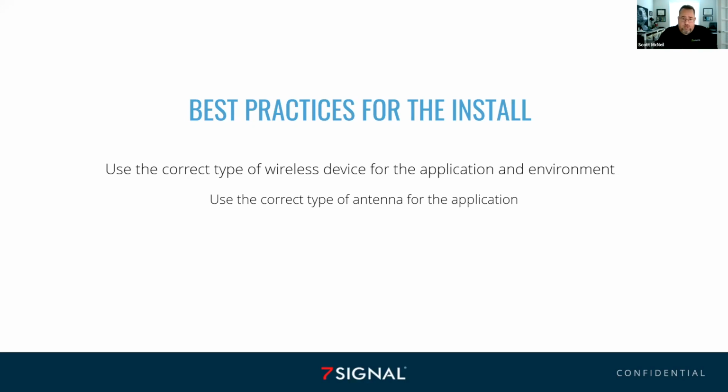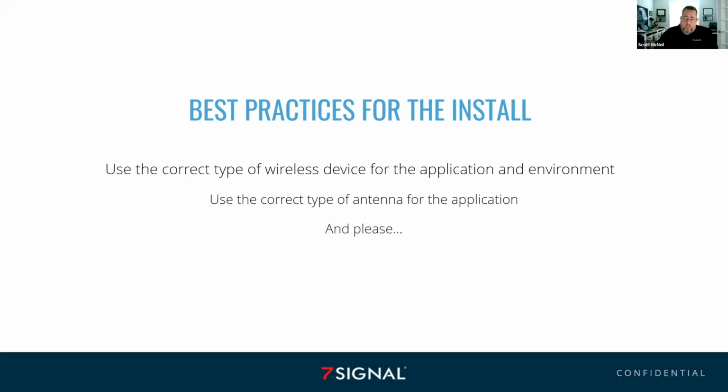But this holds true here too, because the last thing you want to do is put a little 3 dBi rubber duck on an industrial antenna that you're then putting inside a steel box. If you're using 2.4 or 5 gig, it's really not going to go anywhere. So I really don't know how much further to go into that, because if you want to know more about antenna selection, you can go check out some of their other videos.